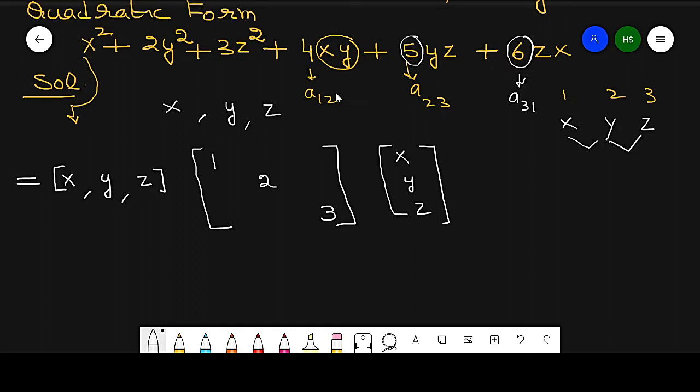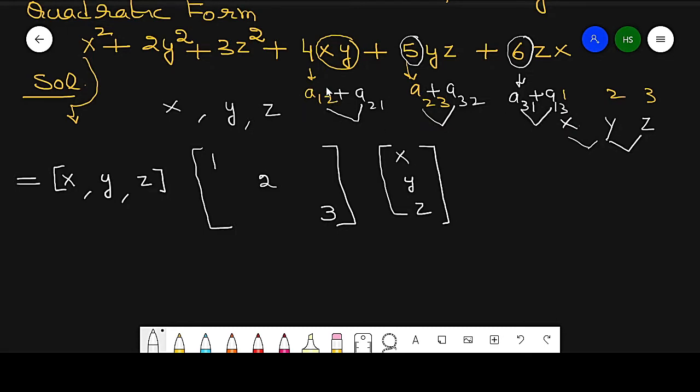So basically A12 plus A21 equal to 4. Similarly, A23 plus A32 equal to 5. A31 plus A13 equal to 6. Since matrices are symmetric, they are equal.